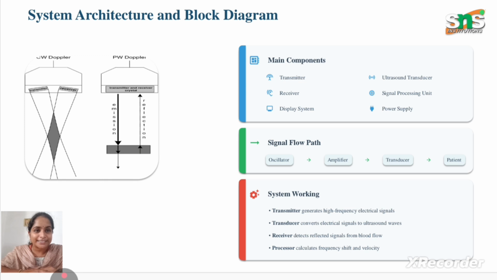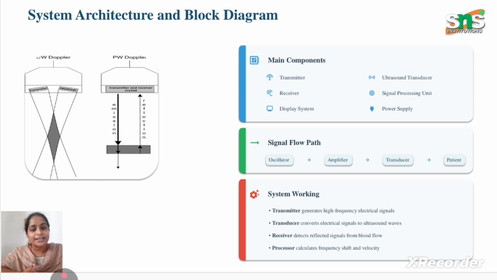See the system architecture. The main components involve the transmitter, receiver, display system, ultrasound transducer, signal processing unit, and power supply. In the signal path, the oscillator generates signals, and further this signal is amplified and sent to the transducer.